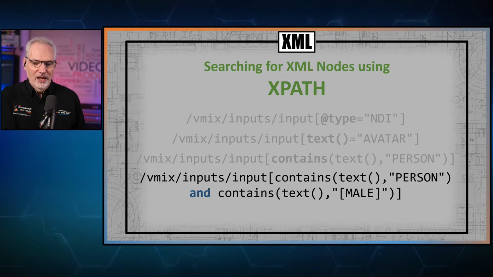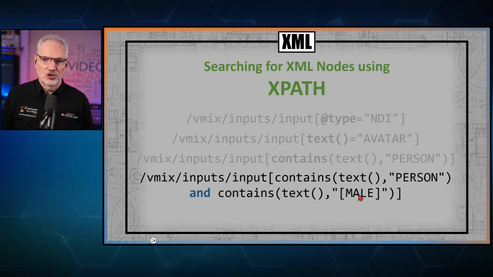So what you're essentially doing is navigating to a point in the XML tree, and from there, you're saying, I only want the elements at that point in the XML tree that have this whole search expression in here resolving to true.